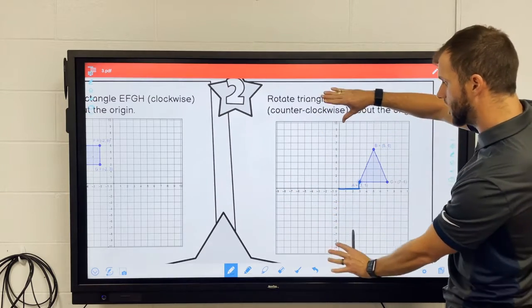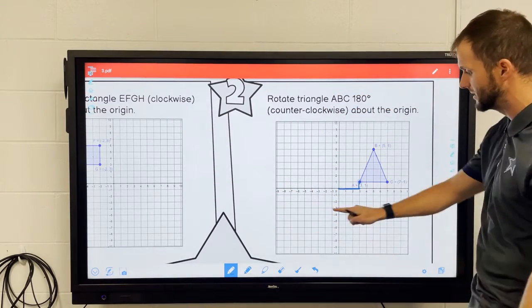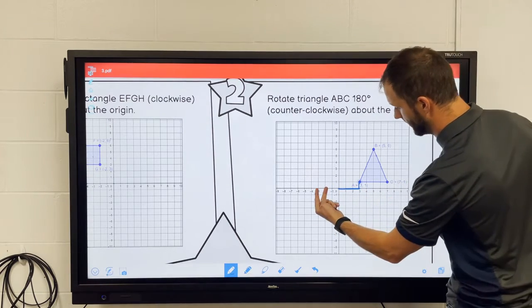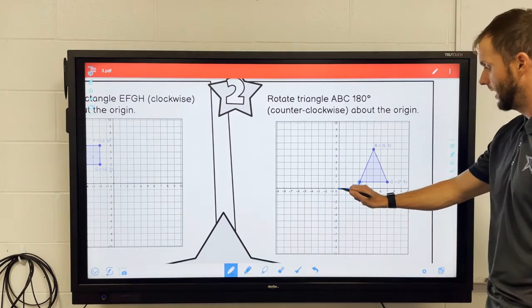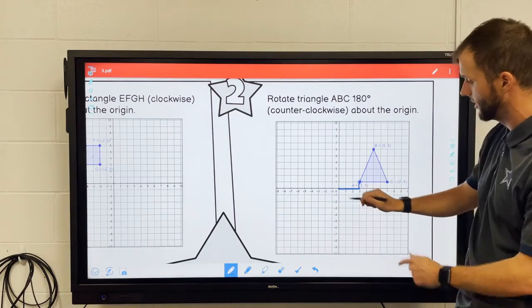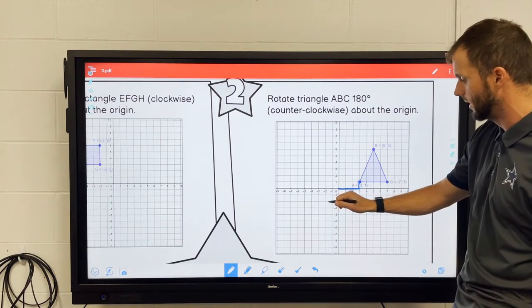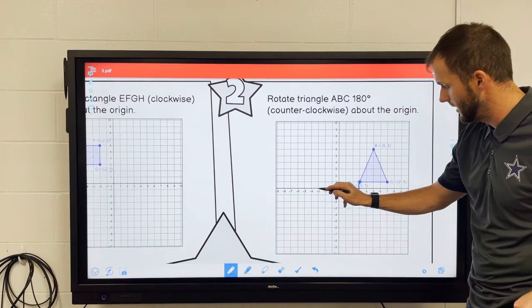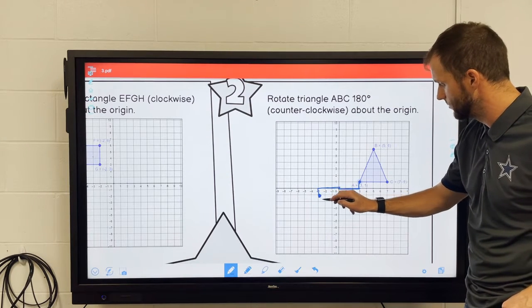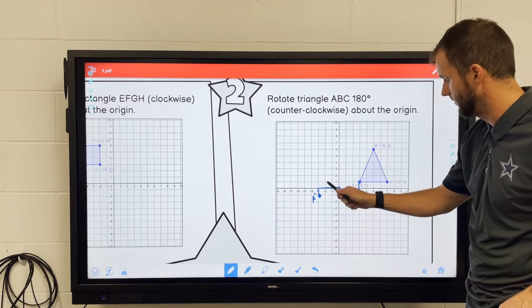If I did it 2 turns, that would be 180, which means I'm going to end up down here, okay? So I'm basically flipping this and going this way. So instead of going over 3 and up 1, that's going to end up sitting down over here. So I'm going to go to the left 3 and then down 1 right here. So ladies and gentlemen, this is where A prime is going to land right there.